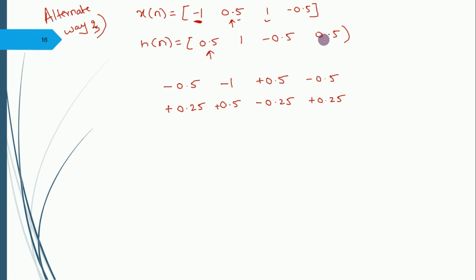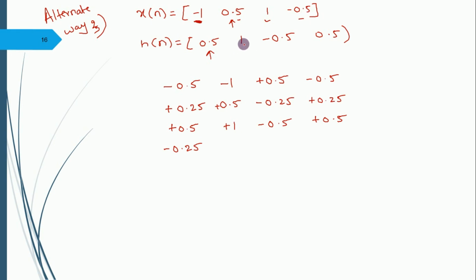Okay, next take this one. 1 multiplied with all these things as it is, you write. 1 into 0.5 plus 0.5. 1 into 1 plus 1. 1 into minus 0.5 minus 0.5. 1 into plus 0.5 plus 0.5. Next, last one. Take this one, multiply with all these things. Minus 0.5 into 0.5 minus 0.25.